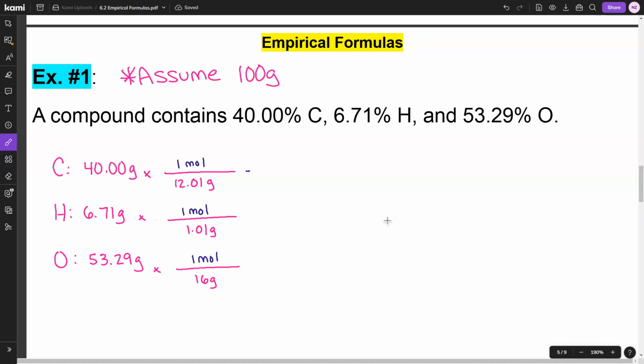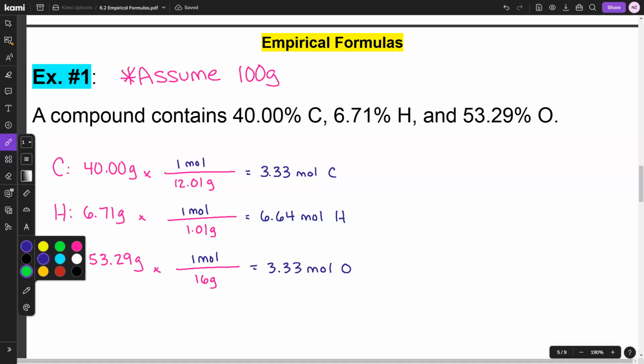Okay. So if I do the math here, for carbon, I get 3.33 moles. For hydrogen, I get 6.64 moles. And for oxygen, I get 3.33 moles. Okay. The next step is we are going to divide all of the values that we just calculated by the smallest number.